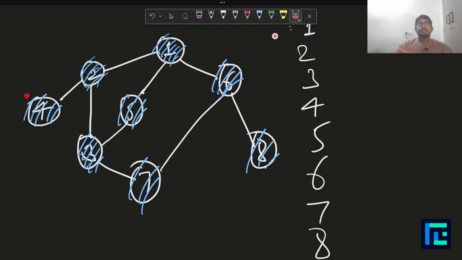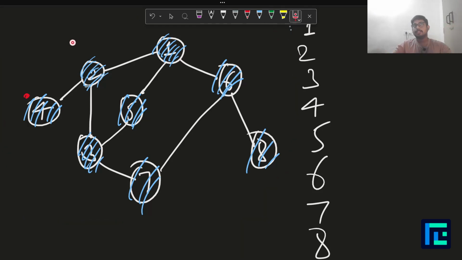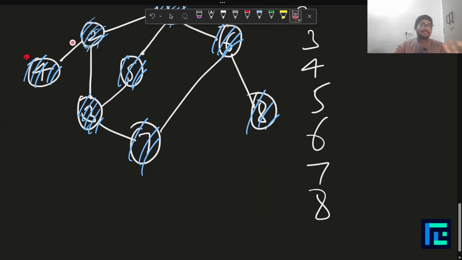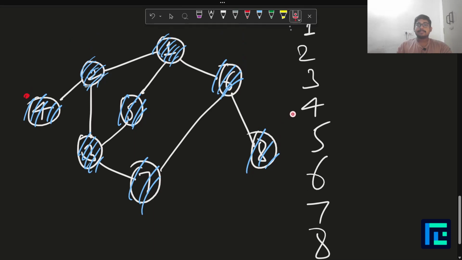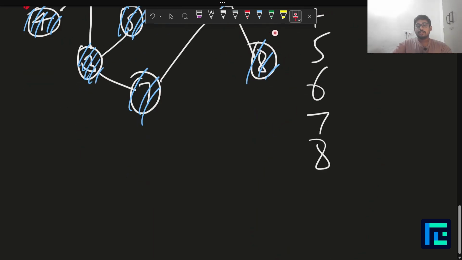I hope you got the intuition of how it is working and why this approach is correct. You would have understood, got a kind of proof in your mind, that by this type of greedy approach you would always get the lexicographically smallest sequence.